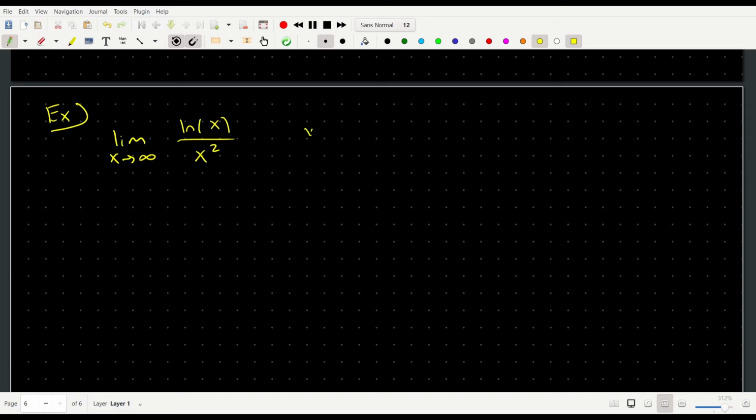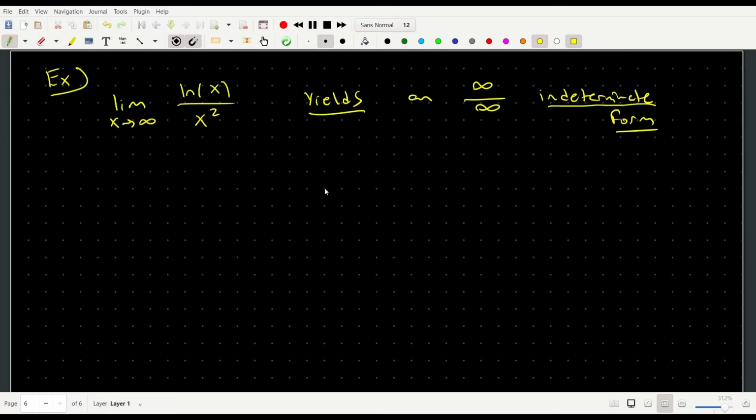This yields an infinity over infinity indeterminate form. Because the limit of the natural log function goes to positive infinity as x goes to infinity, and the limit of x squared also goes to positive infinity as x goes to infinity. So this yields an infinity over infinity indeterminate form.